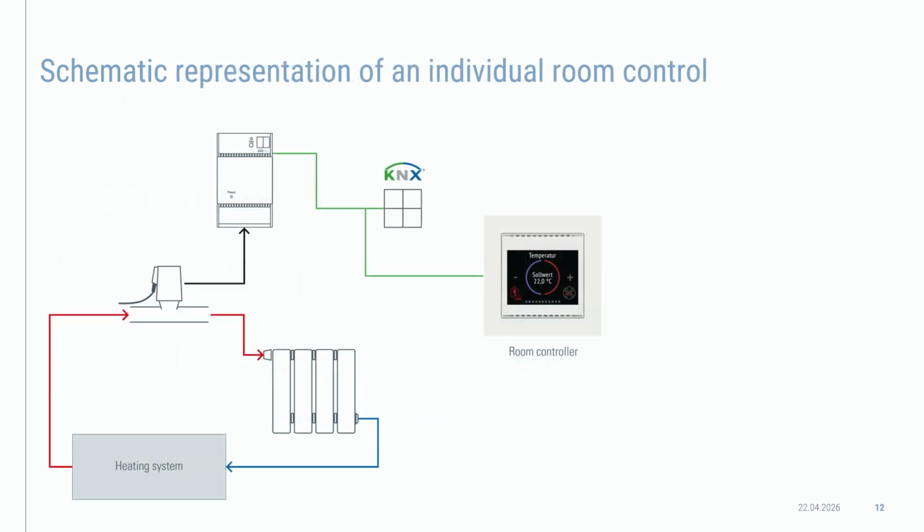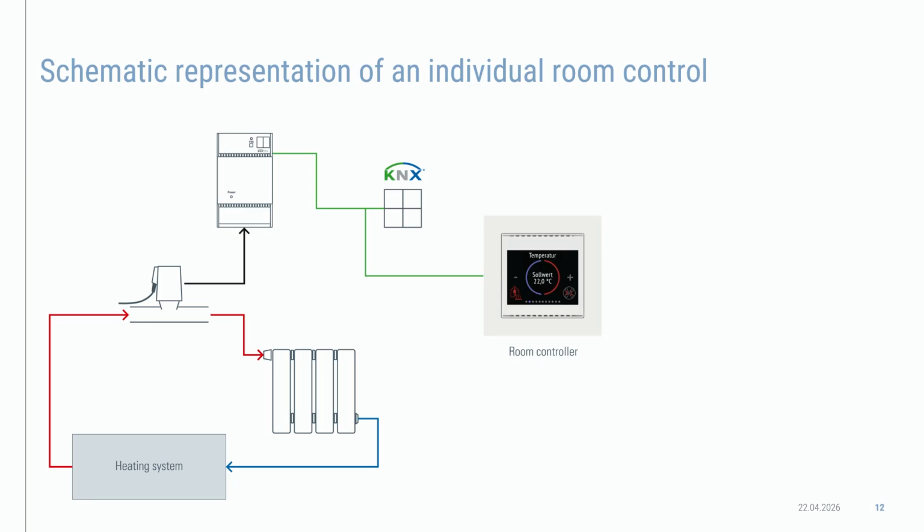In this example, we show a schematic representation of individual room control. It's illustrated as a room controller, which compares the set point and the actual temperature and calculates the control value from it. The actuating variable value is sent in percentage to the heating actuator via the bus.